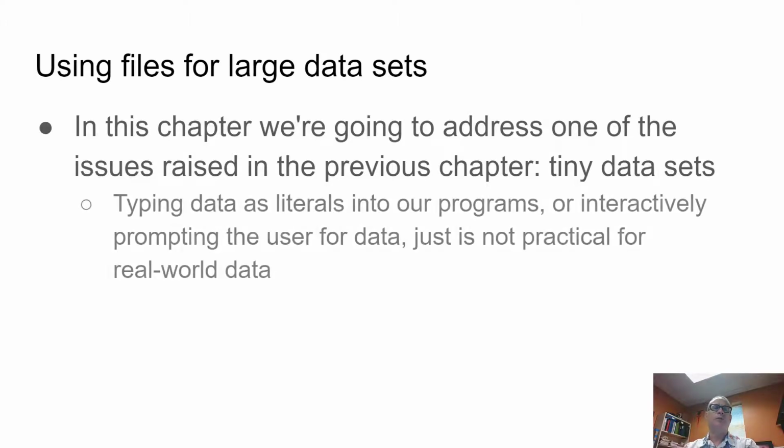If we were trying to use real data, using the methods that we had in the previous chapter, either typing all that data literally into our programs or interactively prompting the user to type in the items one at a time just isn't practical if you have hundreds or thousands or millions of pieces of data that you have to analyze. So what we're going to do is read from files instead.